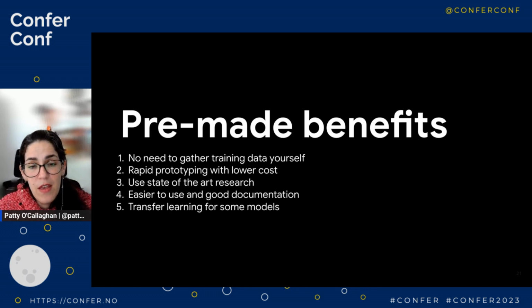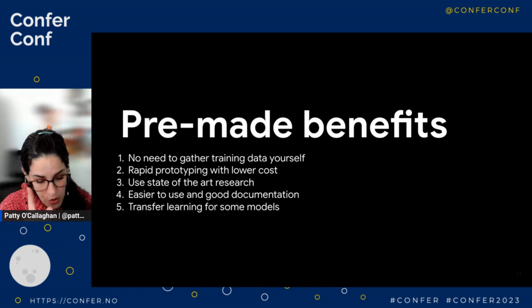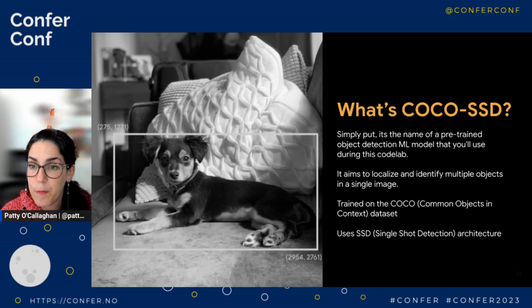You will use the state of the art research, and this is, of course, because you have Google supporting this project, and those amazing people that are part of the Google AI teams. It's also easier to use, with good documentation. Again, I highly recommend you go to the website and have a look at it. And you can use transfer learning for some models, not all of them, but for some of them.